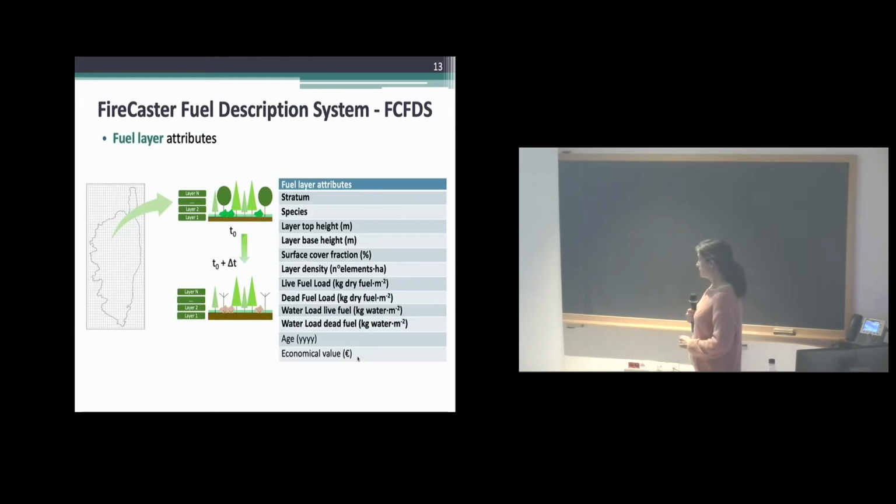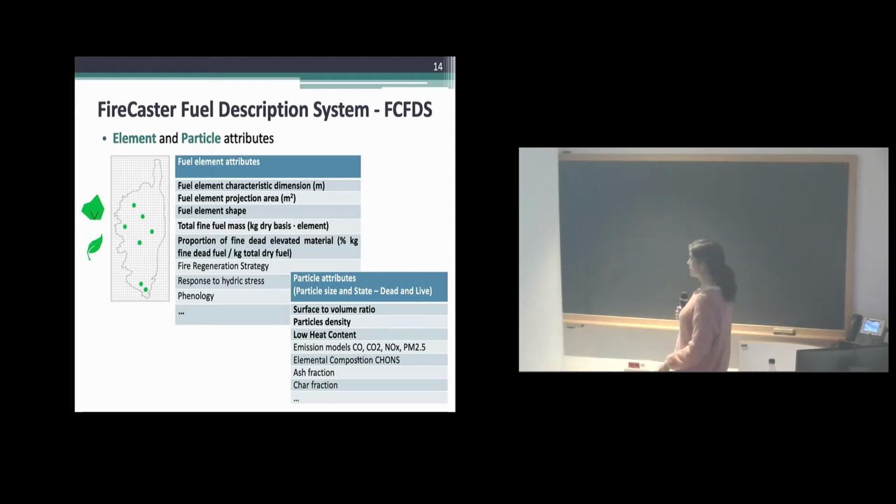We define a series of field layer attributes which are time dependent, so they evolve over time and depend on the position in space. But since the system is flexible, we can add more variables if we have the data. In the same way, we selected a series of attributes for field elements and particles.